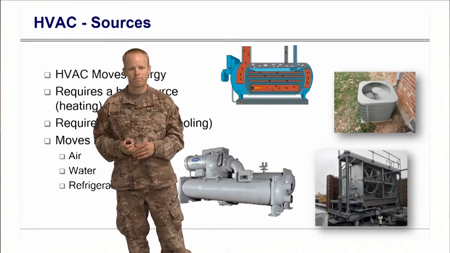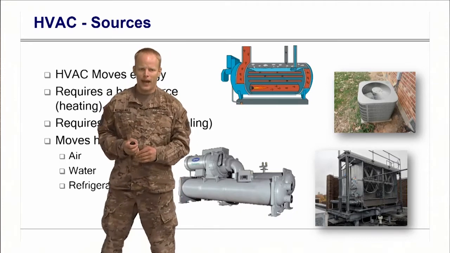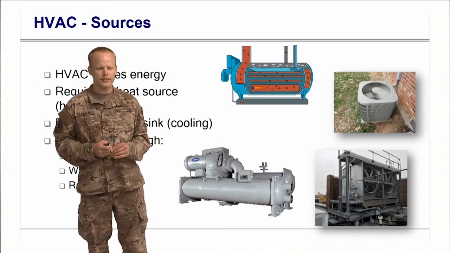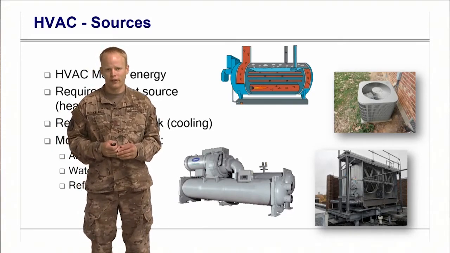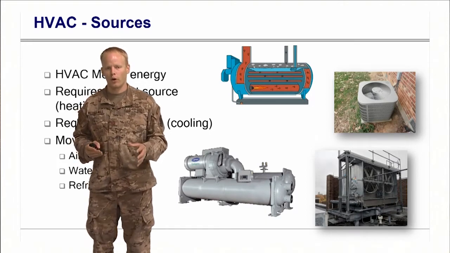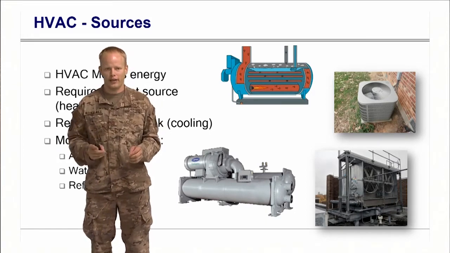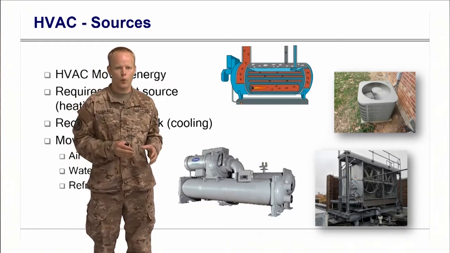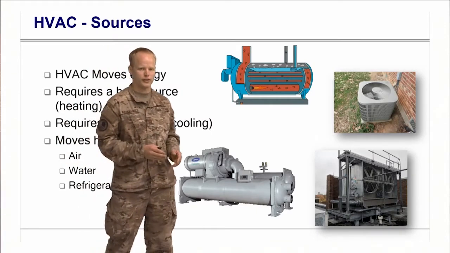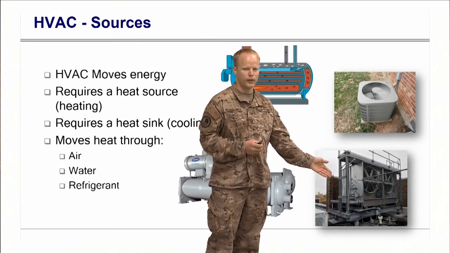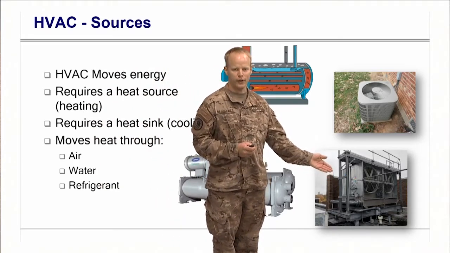And then over here, we have our water-cooled chiller. We have a chilled water loop inside your building where we circulate water through your air handler. We then reject the heat from the water into another water system, and we reject that water outside through a cooling tower or a water tower.